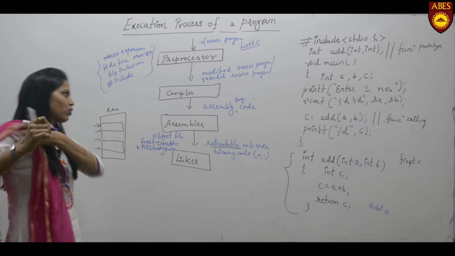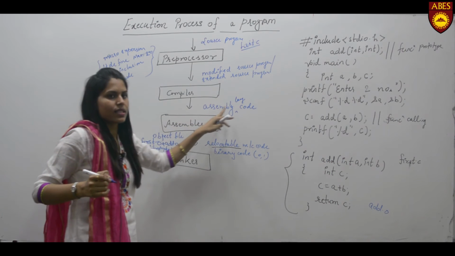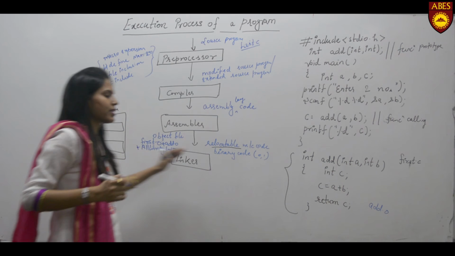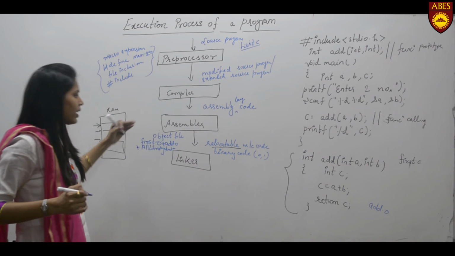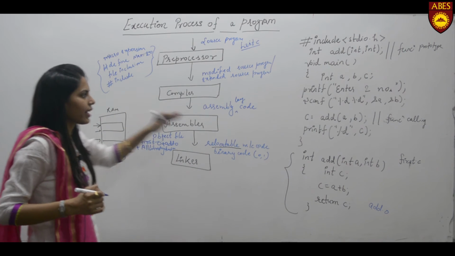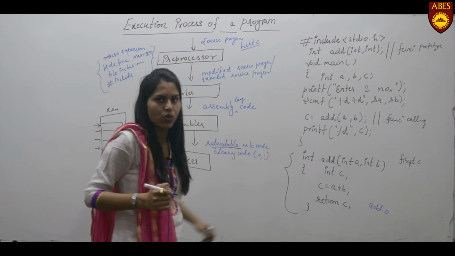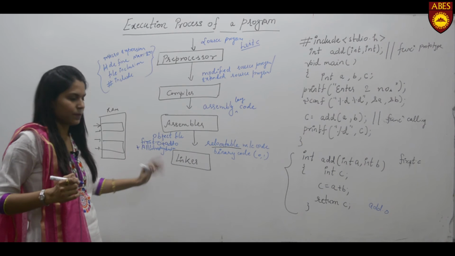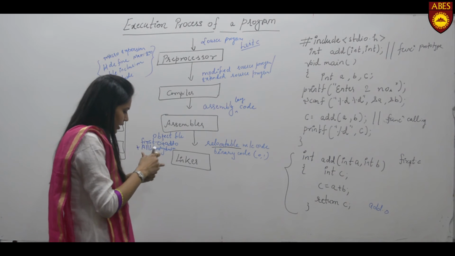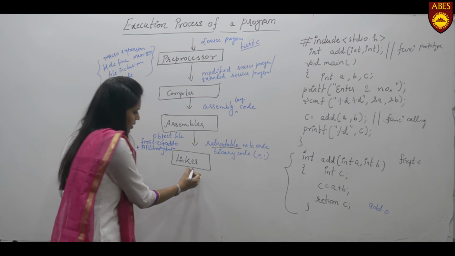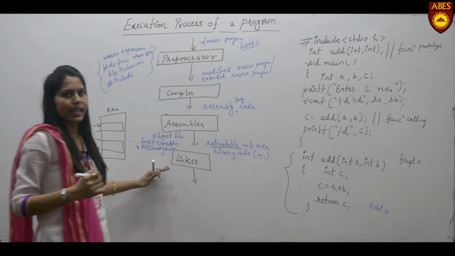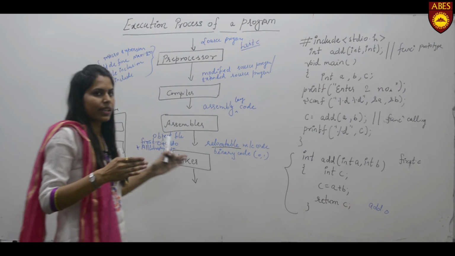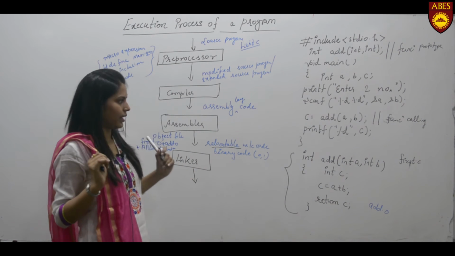So what the assembler is doing: it takes assembly language as input and converts it into an object file, or we can say binary code. Okay, now we have got all the object files for all the functions we are using in the program. Now the next phase of the compilation process is the linker. The linker links all the object files which have been generated and converts them into a single executable file.